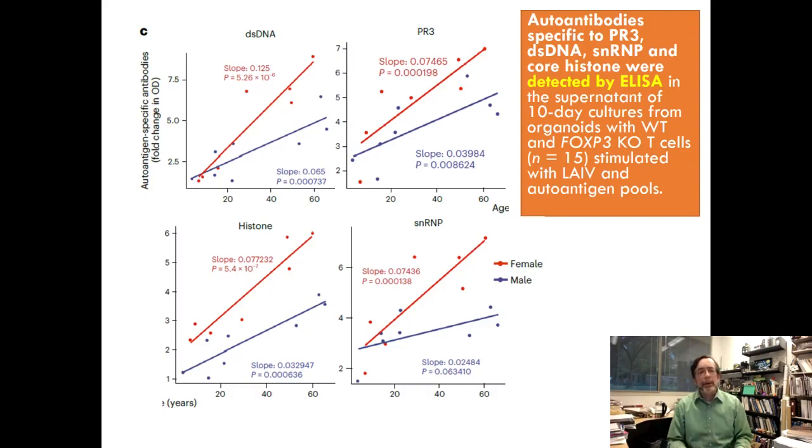And so they made little slopes where they have the age of the person who gave the tonsils on the x-axis, and they have red women versus blue men.